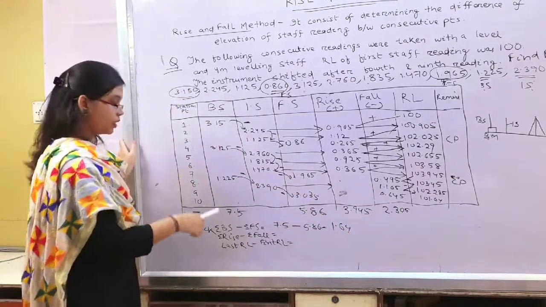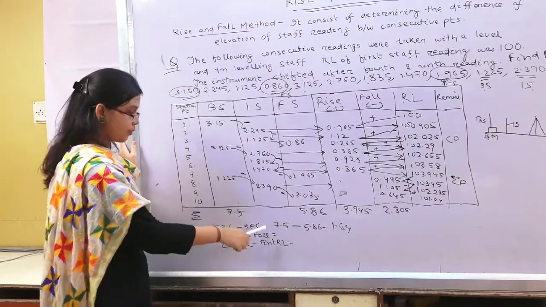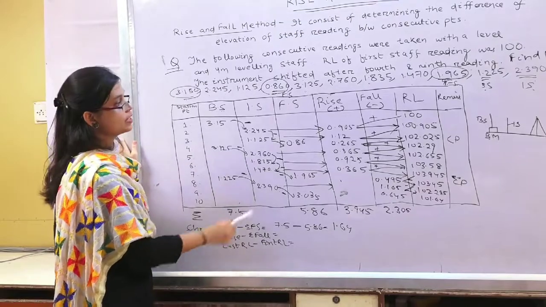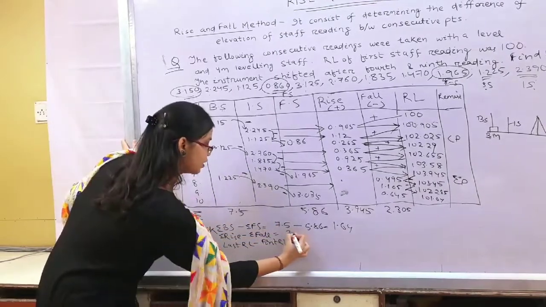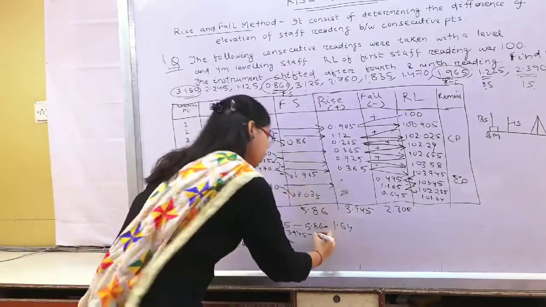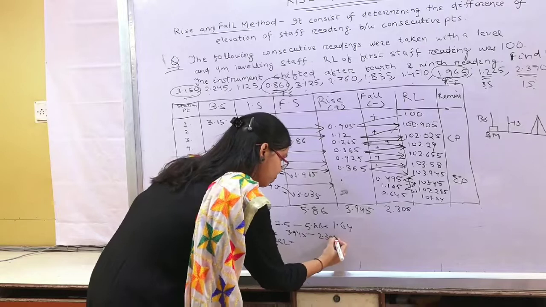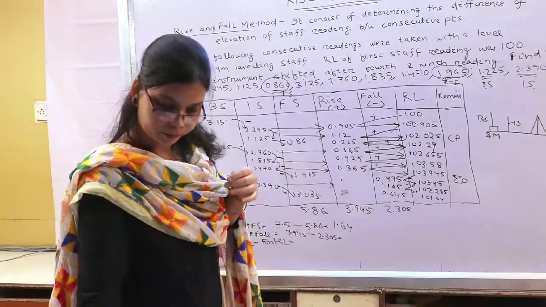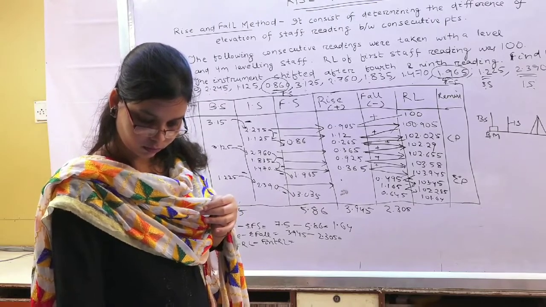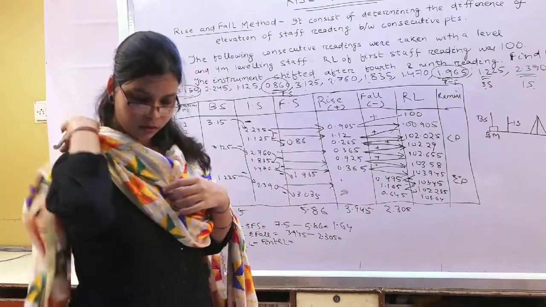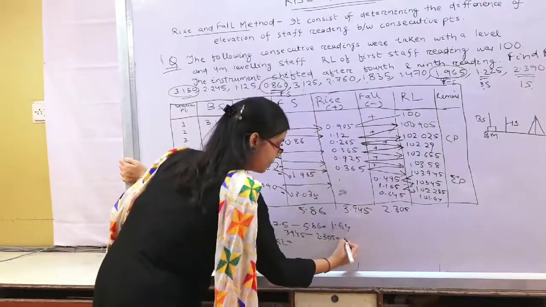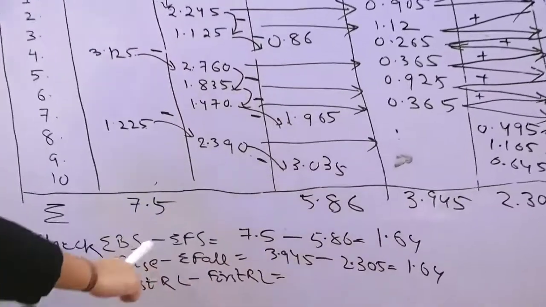So when we put the values of summation rise and summation fall, we should get 1.64. Summation rise is 3.945 minus 2.305, and we got 1.64, similar to this value.